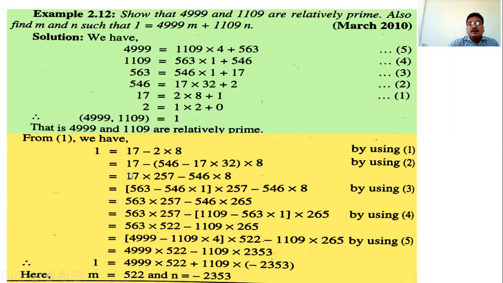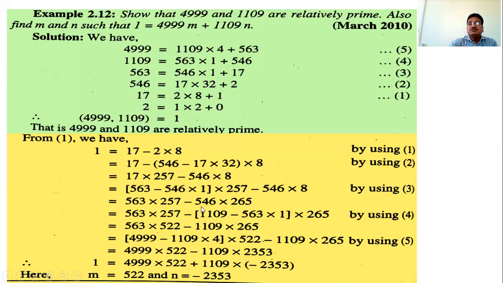Then use equation number 3, that is, substitute the value of 17. So where is 17? Here is 17. So substitute 17 as 563 minus 546 into 1, into 257 as it is, minus 546 into 8 as it is, using 3.